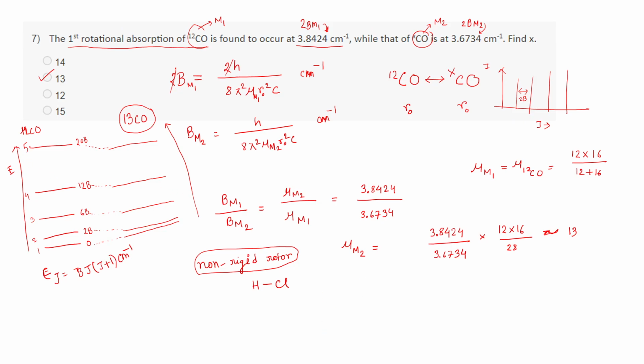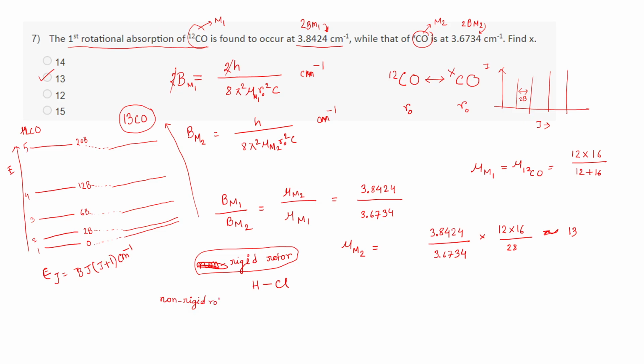I am very sorry. These are all for rigid rotors, right? The bond length is constant. Now, after a certain rotational energy level, you are going to see that nothing is really rigid. Then the bond length can change. Then the non-rigid rotor comes in, where R can vary.